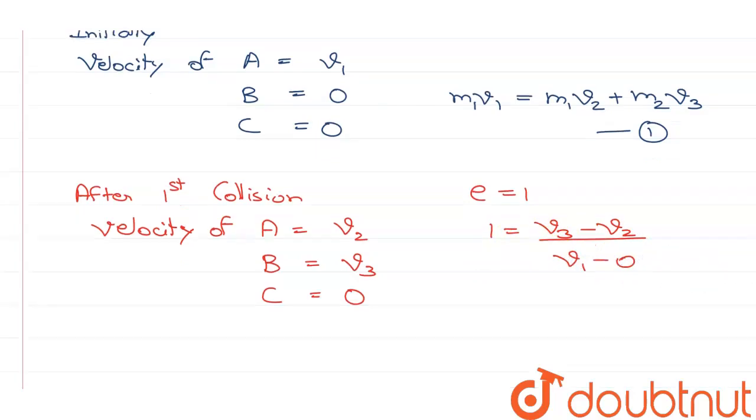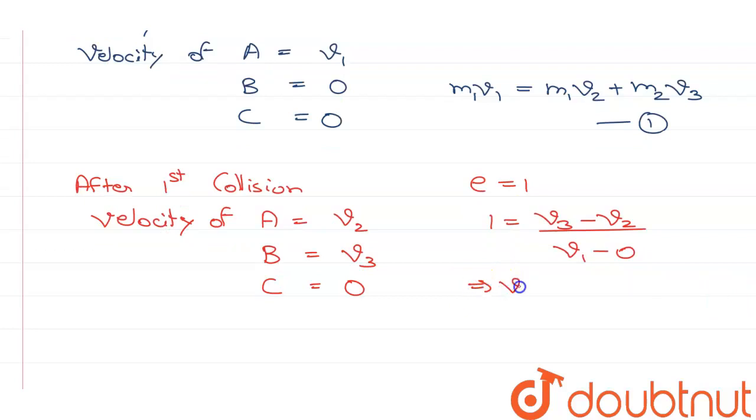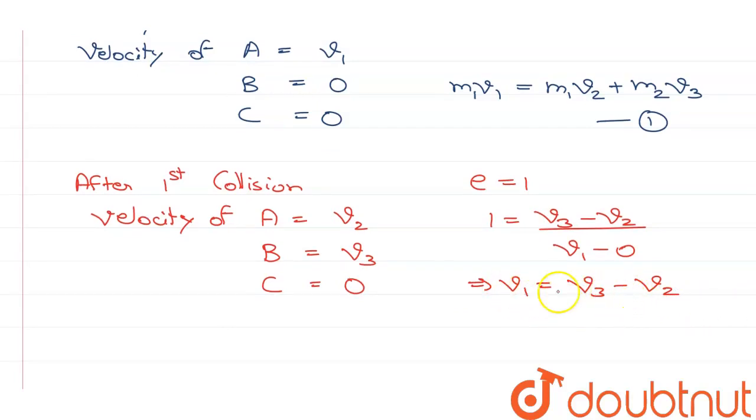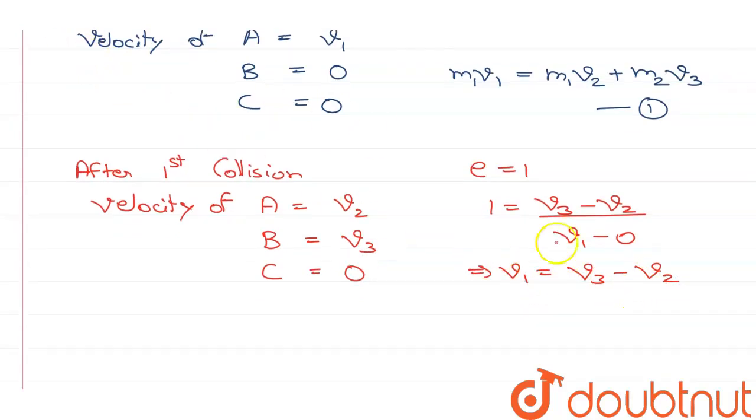This is for the collision of A and B. So from here, v1 is equal to v3 minus v2, and then v2 is equal to v3 minus v1. Let's say this is equation number 2.